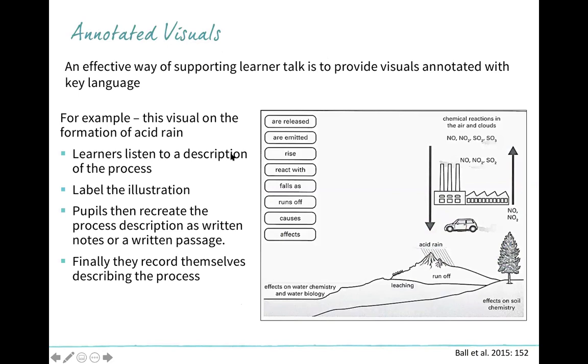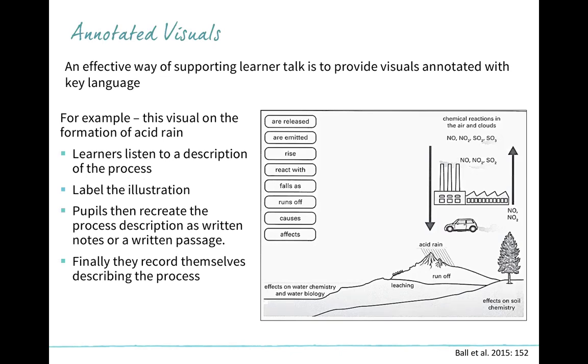Another effective way of supporting learner talk in a talk sequence is to provide visuals annotated with key language. And this is quite a simple thing to do. This is again from this CLIL book that I've been leaning on to find very practical strategies for EAL learners. So for example, sharing this visual on acid rain, learners could listen to a description of the process.